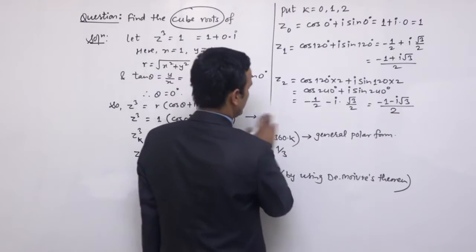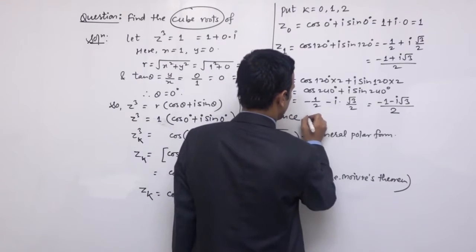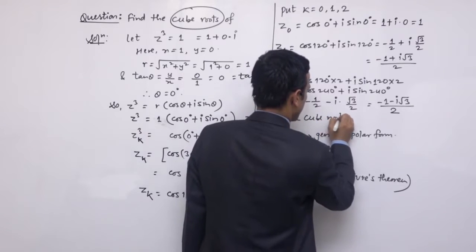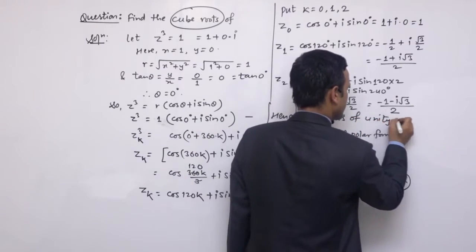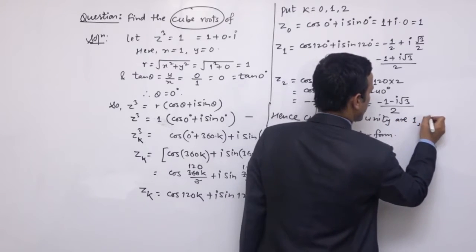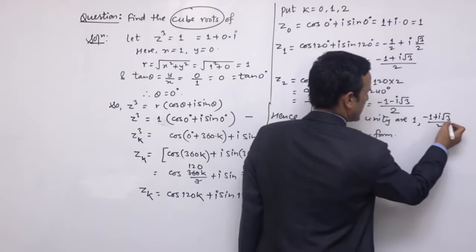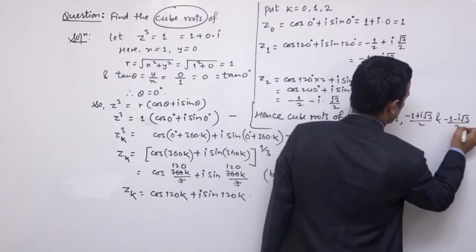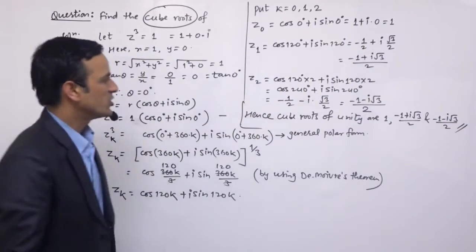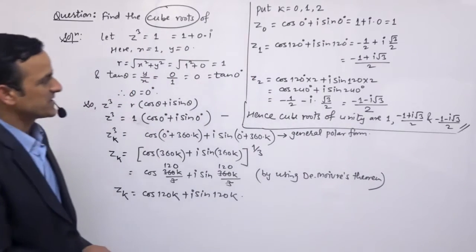So hence the cube roots of unity are 1, minus 1 plus i root 3 divided by 2, and minus 1 minus i root 3 divided by 2. So these are the cube roots of unity and these are the solutions.